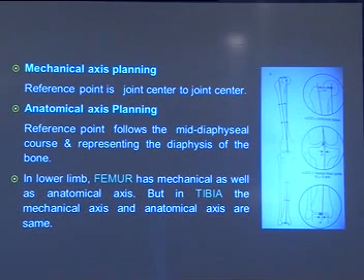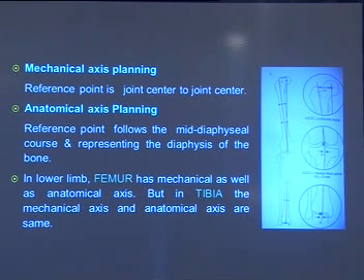Mechanical axis planning, reference point is joint center to joint center. The joint center here to the joint center here. Anatomical axis planning, reference point follows the mid-diaphyseal course representing the diaphysis of the bone.